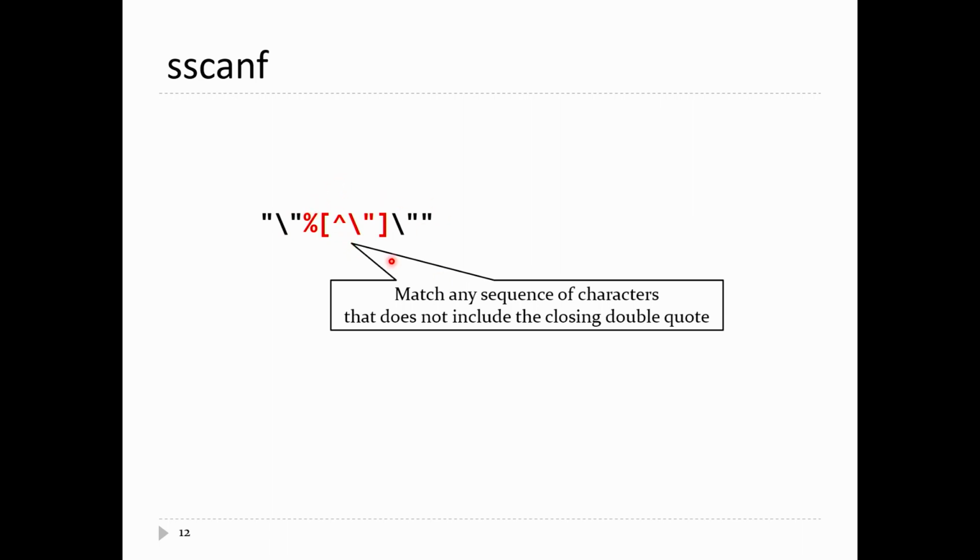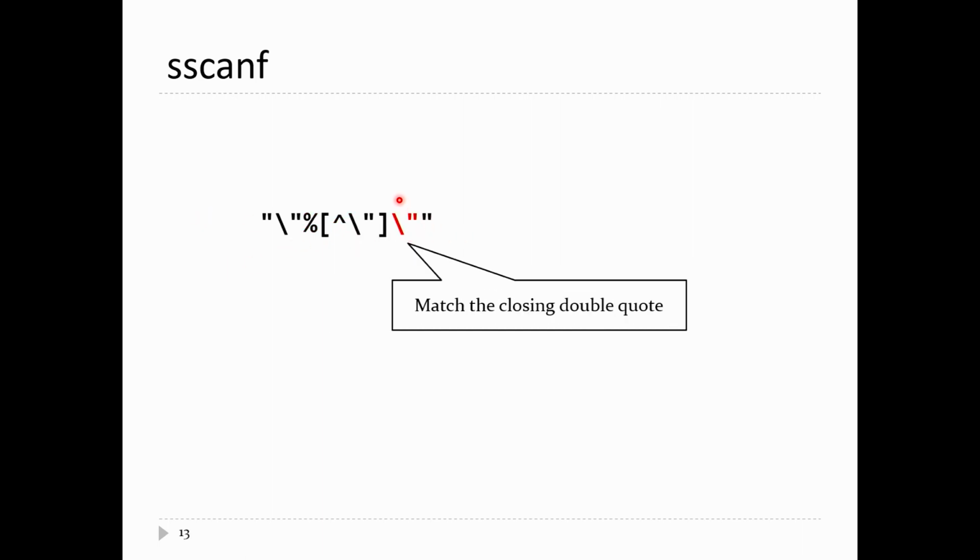Percent square brackets with a caret means match anything that's not a double quote, so any sequence of characters that does not include the double quote. That's everything after the opening quote. Again, you have to escape the double quote because it's inside of a double quoted string, followed by the closing double quote. So this will match a double quoted string.